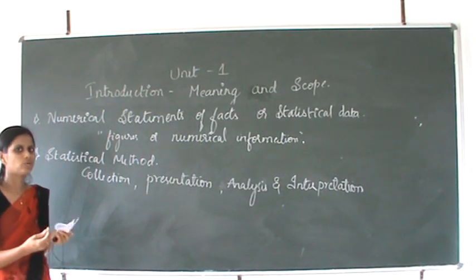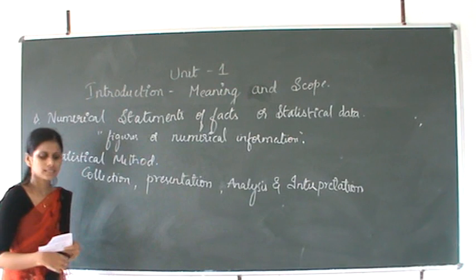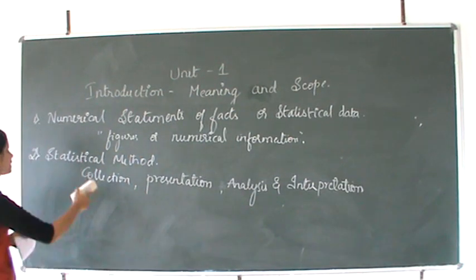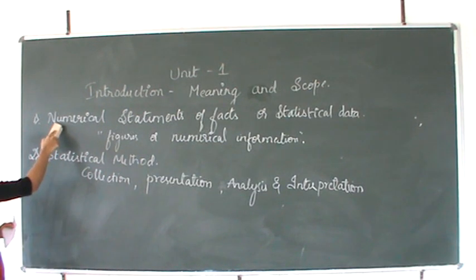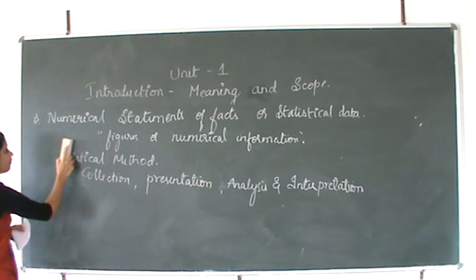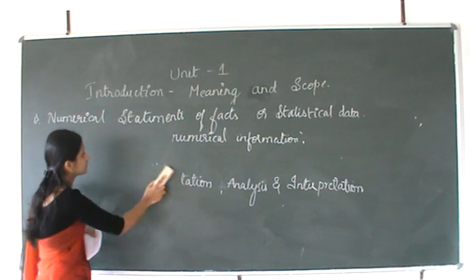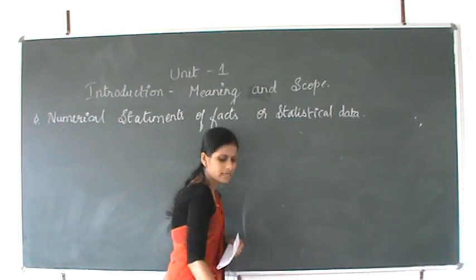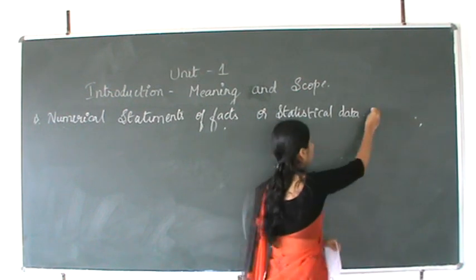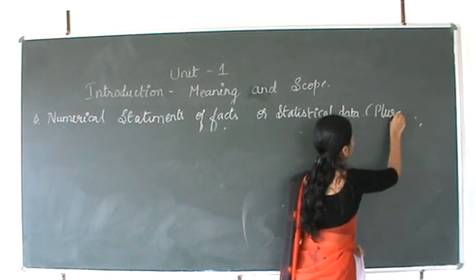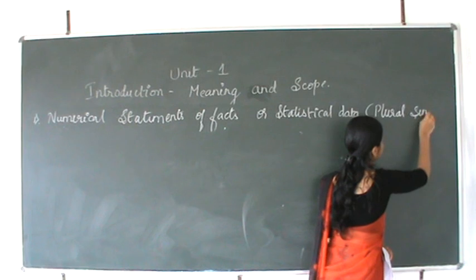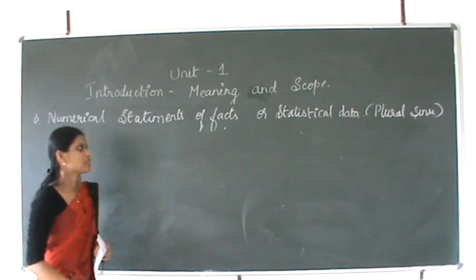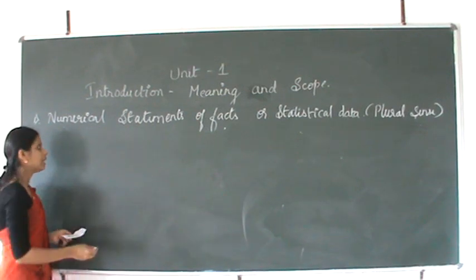So there are two contexts in which we can explain statistics. First of all, we will see the definition of statistics when statistics is considered as a numerical statement of facts. When statistics is considered as a numerical statement of facts, it can be considered as a plural sense. In plural sense, statistics is defined by Professor Horace Sechrist.